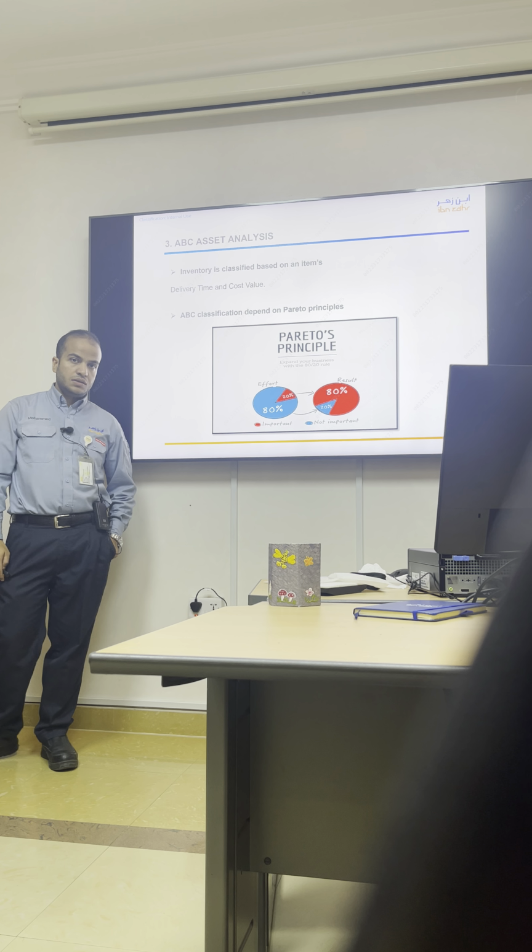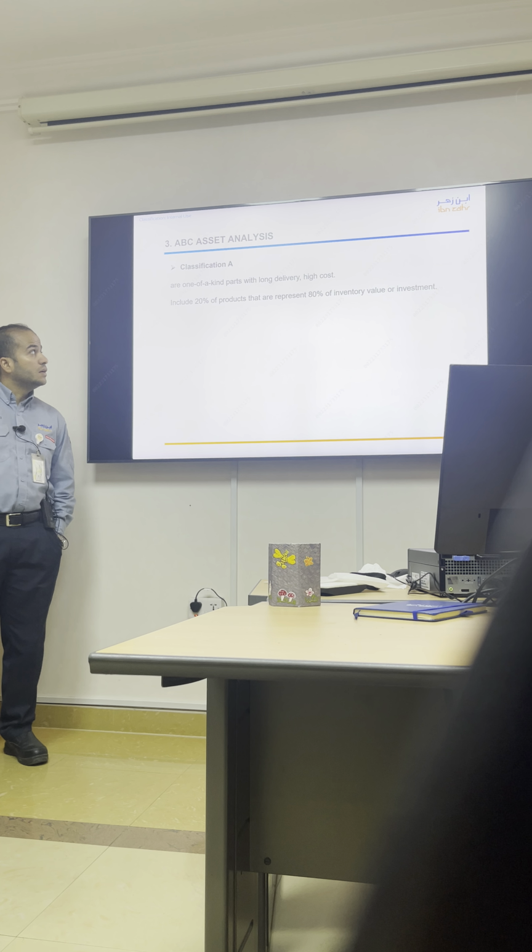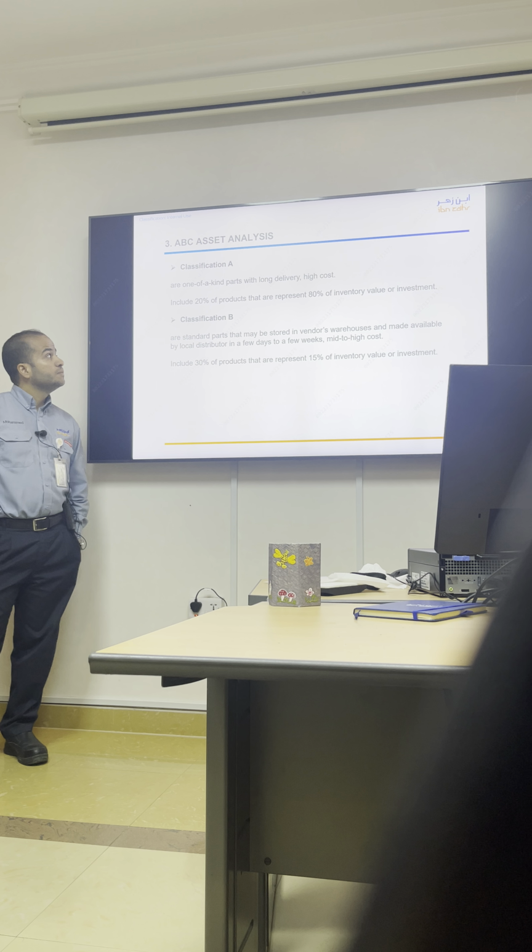Classification A: one-of-a-kind parts with long delivery and high cost. So we classify assets into A, B, C. A is high cost, long delivery, and includes 20% of the products, or in other words 80% of inventory value.